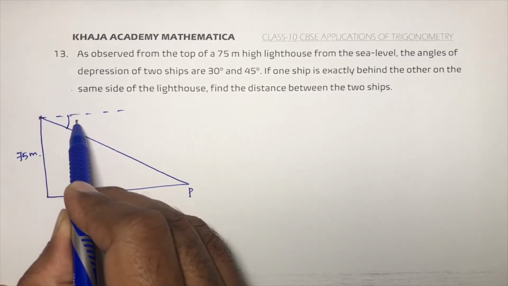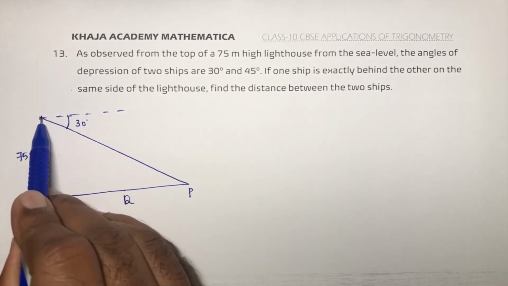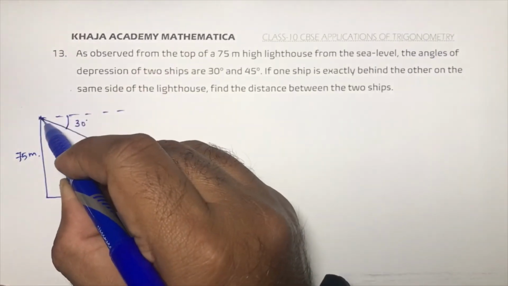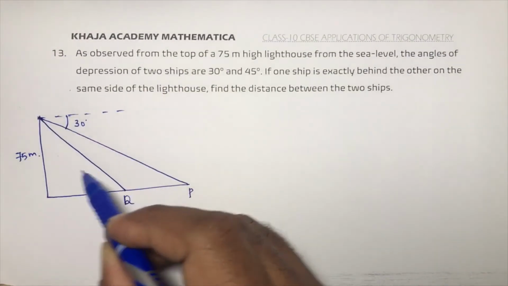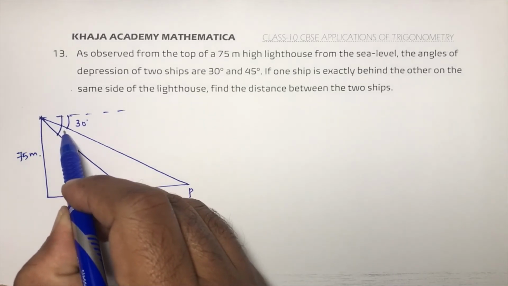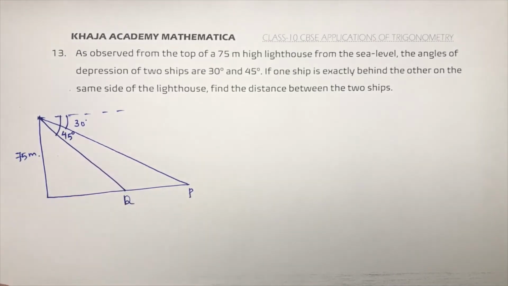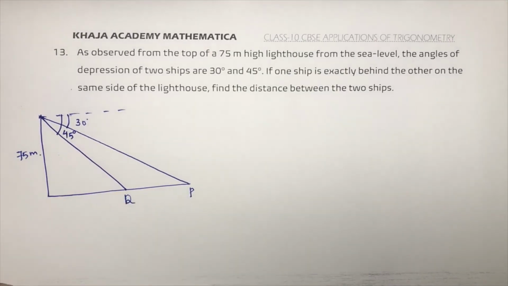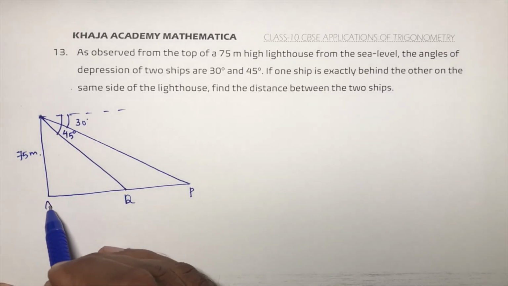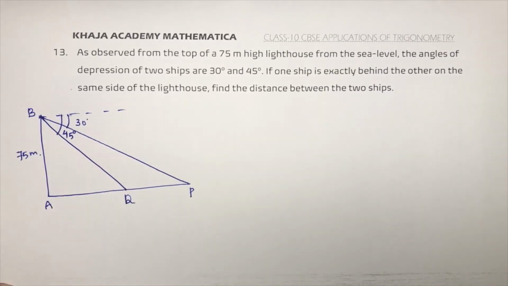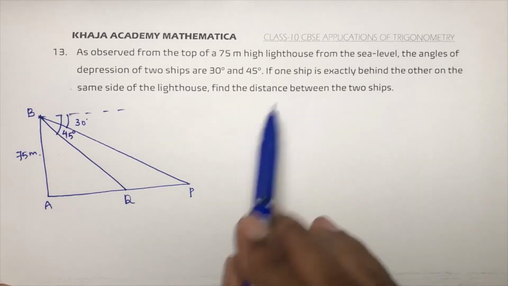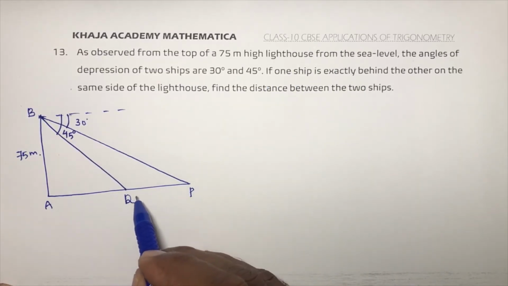When they saw P, the angle will be 30 degrees. And when they saw the other ship Q, the angle of depression is 45 degrees. AB is a lighthouse. If one ship is exactly behind the other, find the distance between the ships.